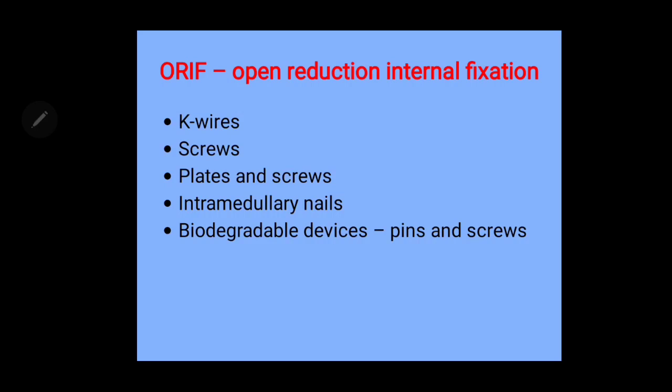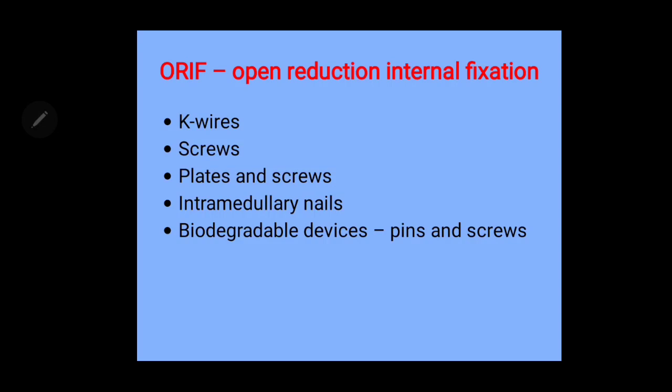So, which devices can we use for fracture fixation? First of all, K-wires. These are thin wires that come in diameters of 1.0, 1.25, 1.5, 1.6, 1.8. So these K-wires can be used for fixation of small fragments like fingers, metacarpal bones. These can be used also for preliminary fixation of some fractures before you apply a plate.